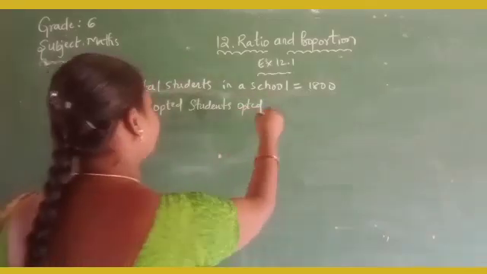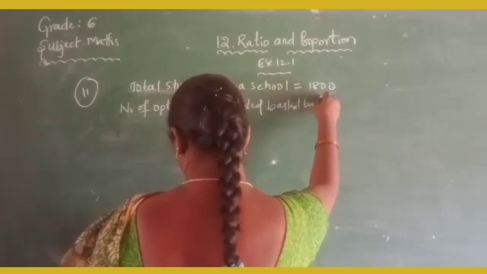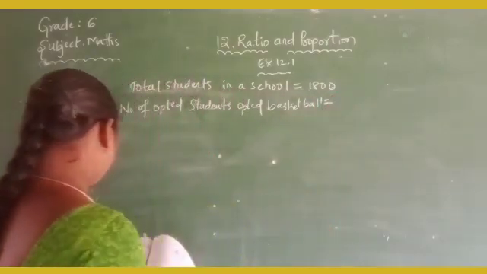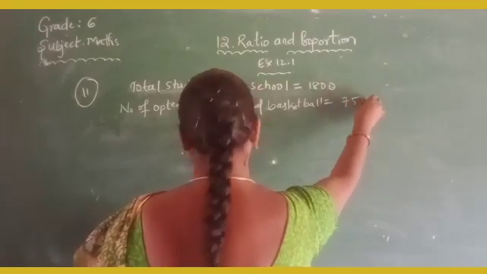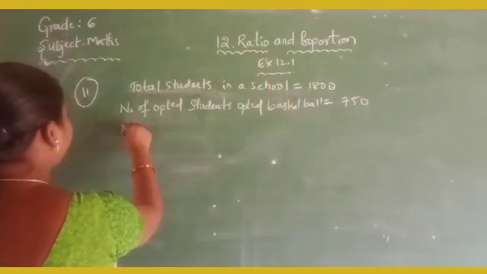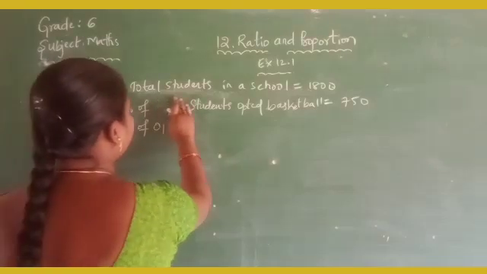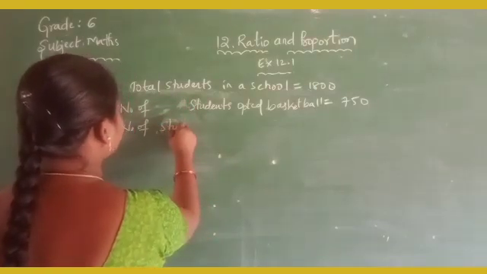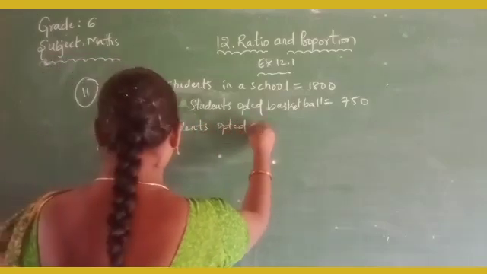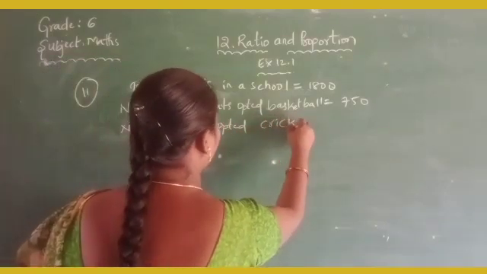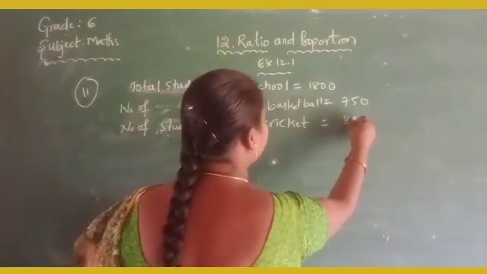Number of students who opted for basketball: 750. Similarly, number of students who opted for cricket: 800.